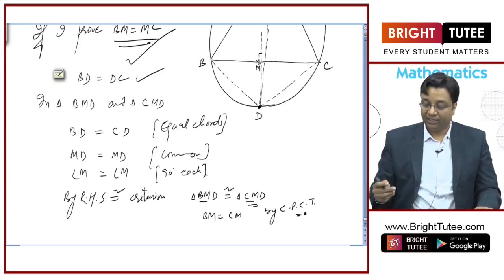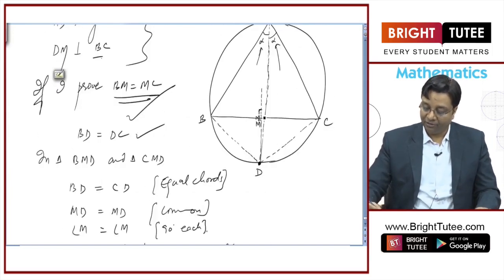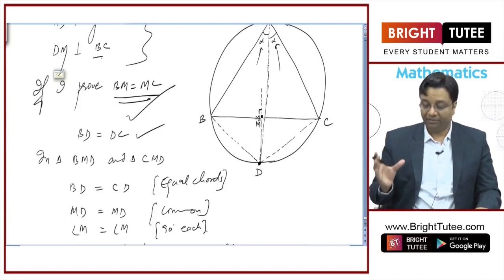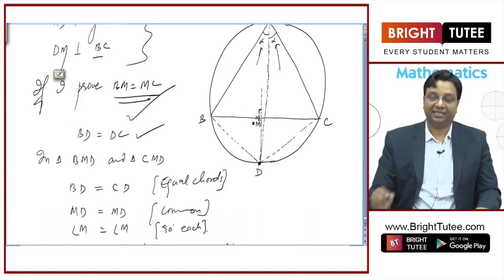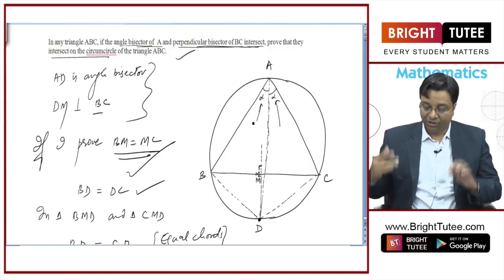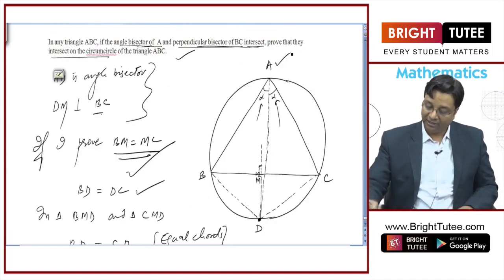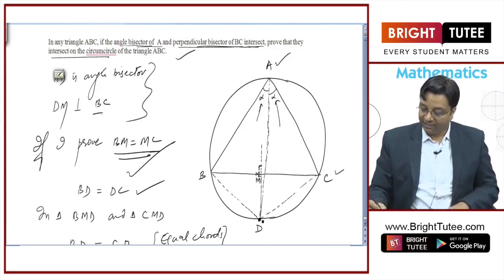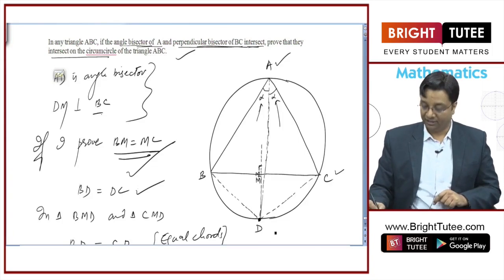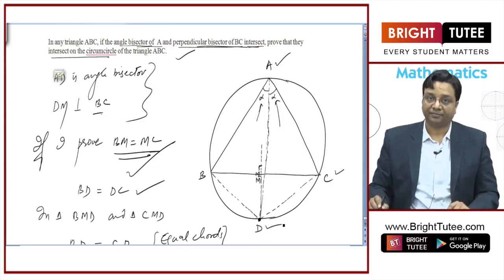So we showed that if we drop a perpendicular from D to side BC, it will bisect this side BC. Hence we can surely say that angular bisector of angle A and perpendicular bisector of side BC intersect at the circumcircle, that is at point D.